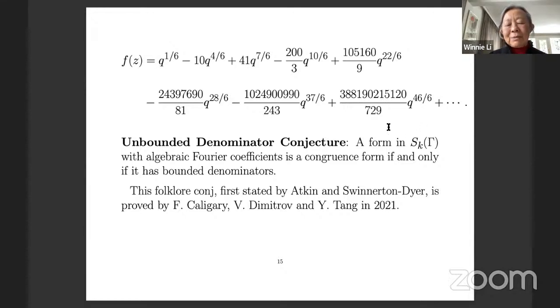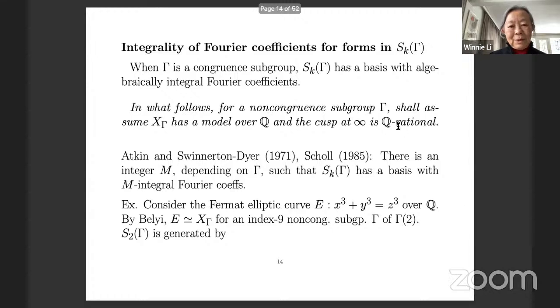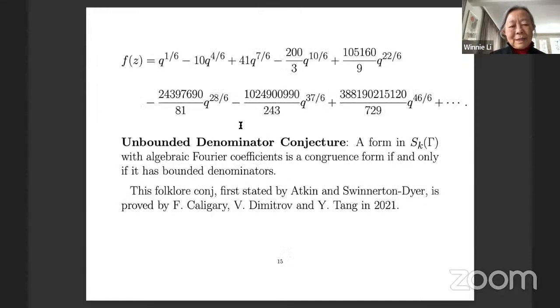So how can we tell, if a form has algebraic Fourier coefficients, whether it is from a congruence subgroup or a non-congruence subgroup? We saw before that if it's coming from a congruence subgroup, then it will have bounded denominator. So then there's a folklore conjecture saying that this must be a necessary and sufficient condition. So that's the way to distinguish congruence forms from non-congruence forms.